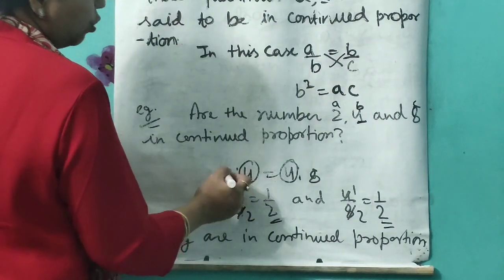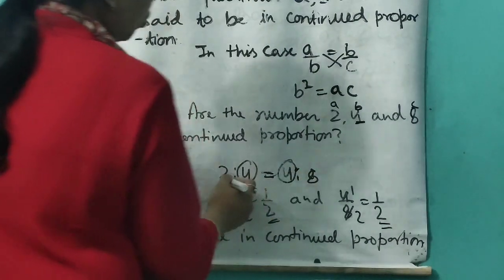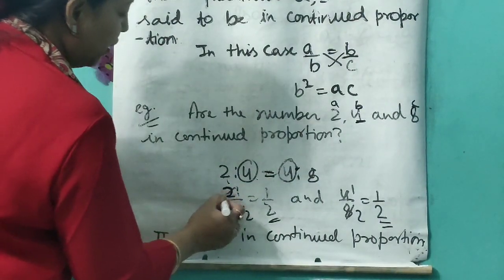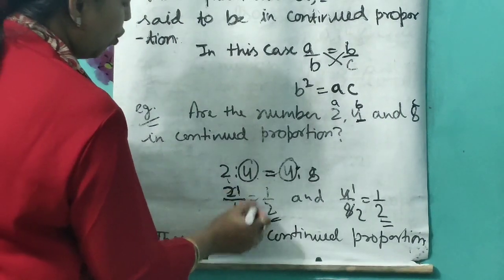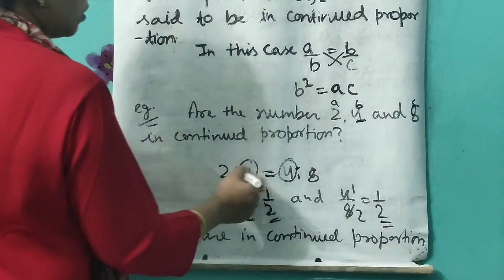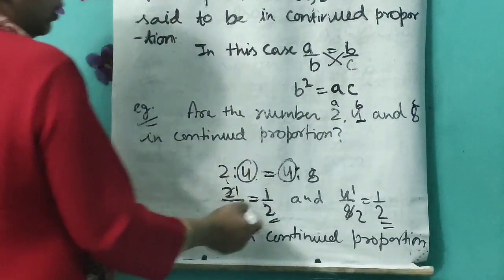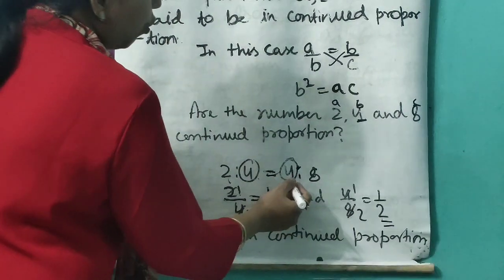Is 2 is to 4 equal to 4 is to 8 or not? 2 is to 4 means 2 by 4. 2 ones are 2 and 2 twos are 4, so in simplest form it is 1 by 2. Now 4 is to 8.